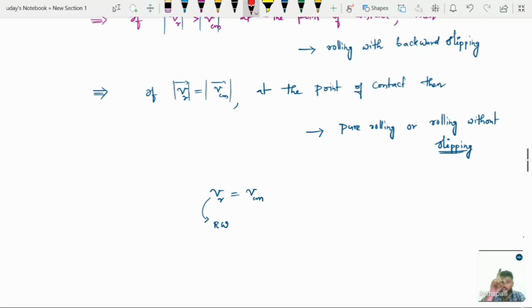Because as we discussed at the very starting part of the lesson, in rigid body rotatory motion, a particular point at distance r from the axis of rotation will have a linear velocity because of the rotation of r omega, radius into angular velocity. So the condition will be that the velocity of center of mass of that body will be equal to r omega.